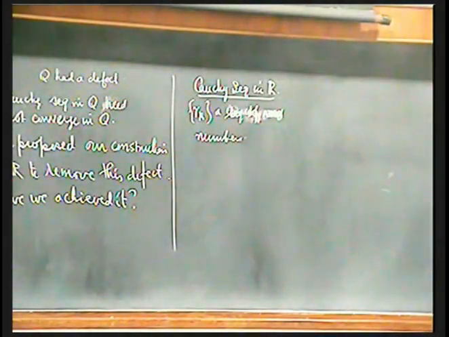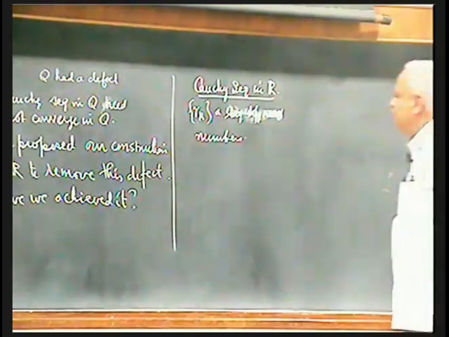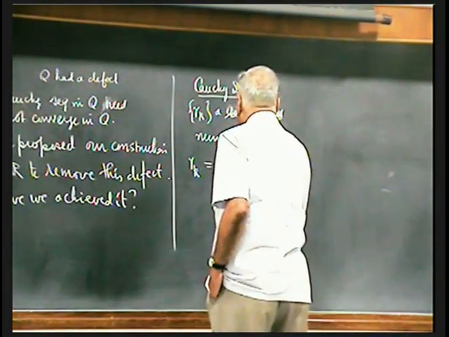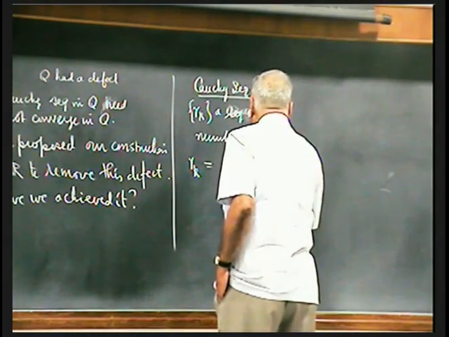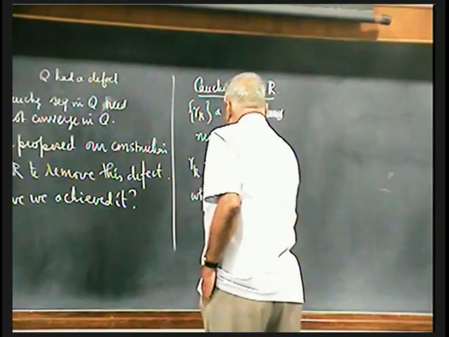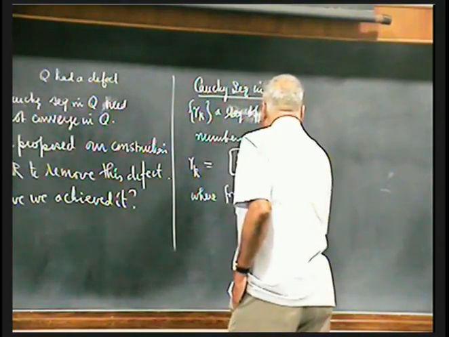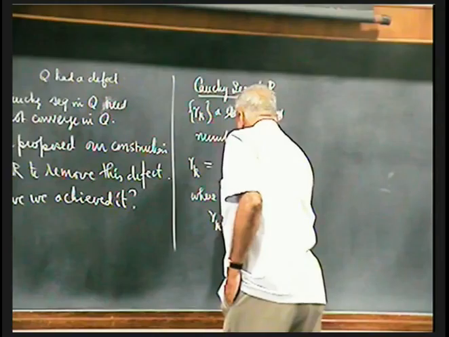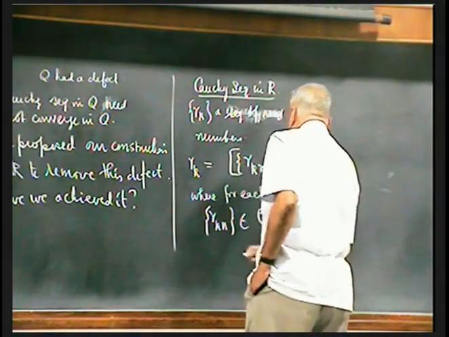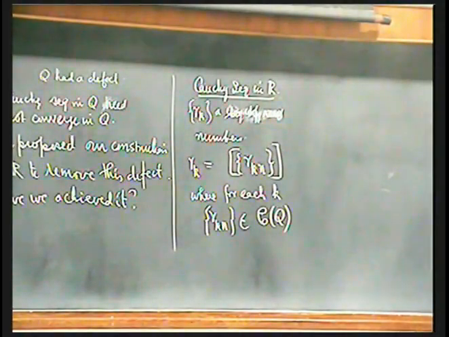Now, what is meant by a sequence of real numbers? Every real number itself is an equivalence class of Cauchy sequences of rational numbers. So we should write Rk equals (Rkn), where for each k, Rkn is a Cauchy sequence of rational numbers. This is the notation we had, CQ.